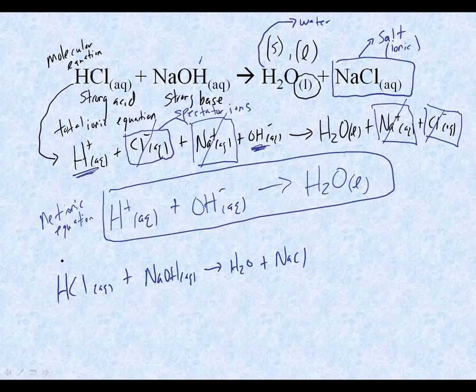This is our positive, this is our negative, this is our positive, this is our negative. So this is not a precipitation reaction because we did not form a precipitate, but it still could be classified as a double displacement reaction because the H plus comes together with our OH minus and our sodium comes together with our chloride.